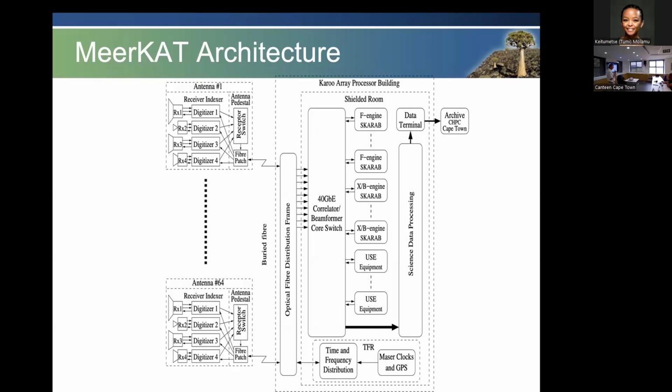All that's doing is effectively taking our feed antennas and making them look bigger. As I said before, the intrinsic size of a transducer, which takes a radio wave and converts it into an electric signal, is of the order of a quarter to a half a wavelength. That then limits the collecting area of that receptor.